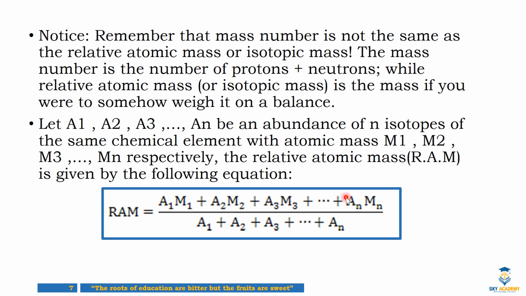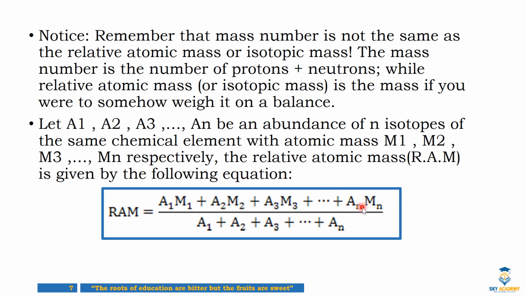You keep going like this until you reach your final isotope. For example, if you have 7 isotopes, you keep adding a4m4, a5m5, a6m6, a7m7.